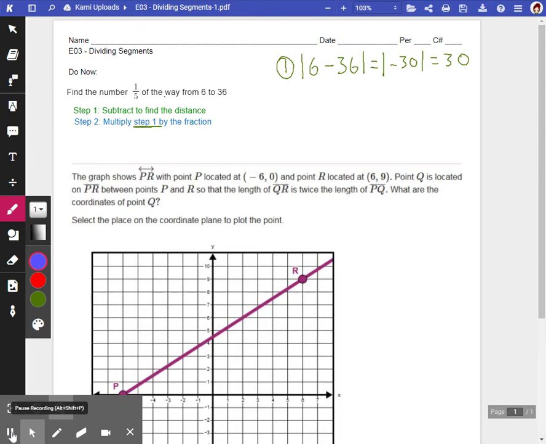Step two is to multiply that distance from step one by the fraction.